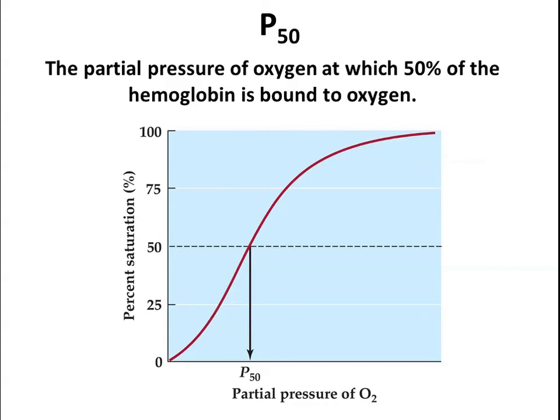To find the P50 on the curve, first find the 50% saturation mark on the y-axis, and then drop a line to the x-axis. And this will give you the partial pressure of oxygen at which 50% of the hemoglobin is saturated. And the P50 can tell you a lot about the strength of binding between oxygen and hemoglobin in a particular tissue or under specific conditions.